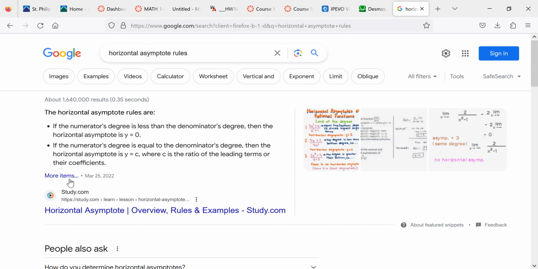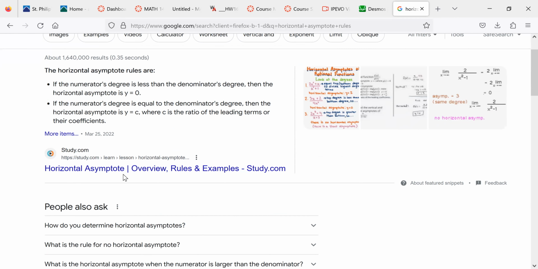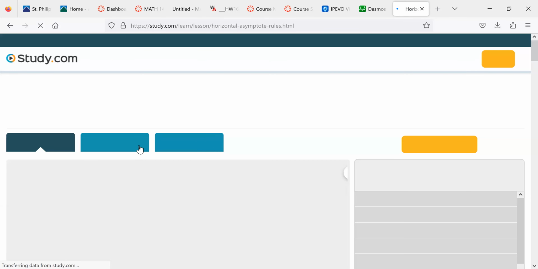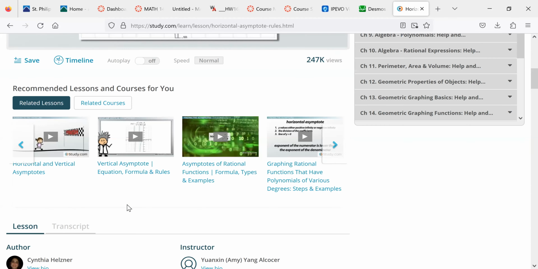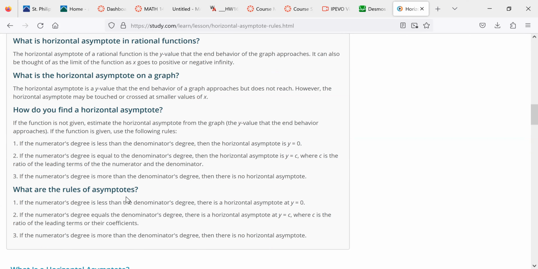The third case is the annoying one. Let me see if the third rule is in here or not. Here, this is the one that kind of sucks. If the numerator's degree is more than the bottom, then you'll have an oblique asymptote, so it'll have an angle to it.